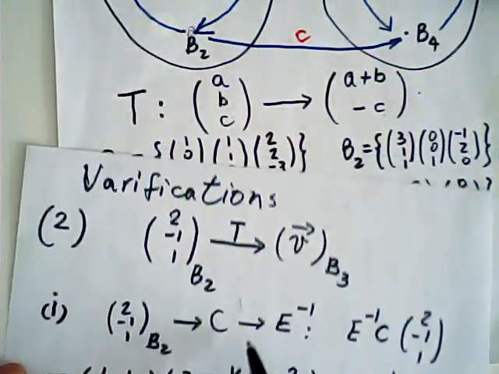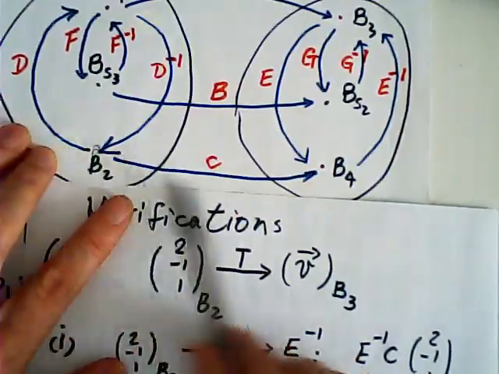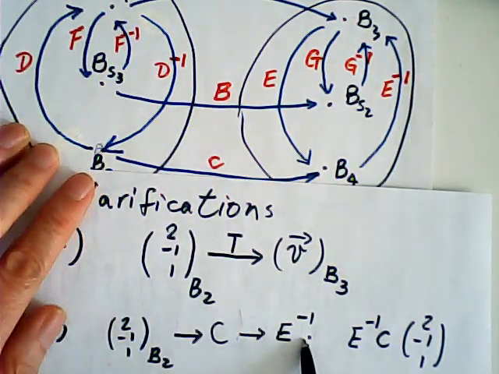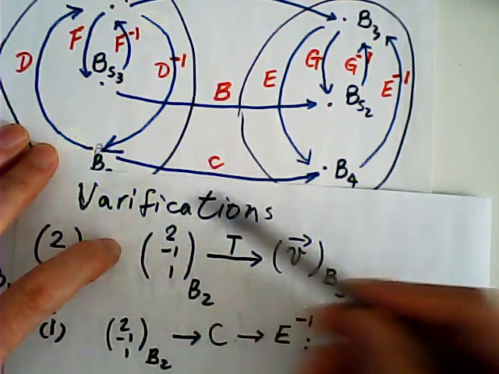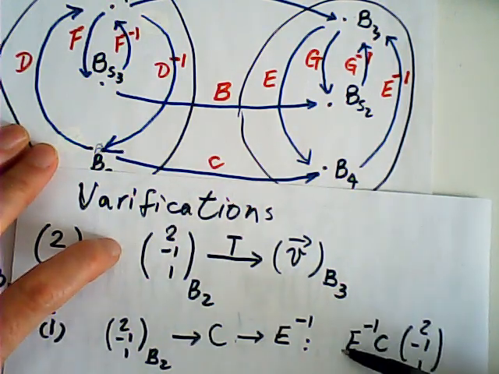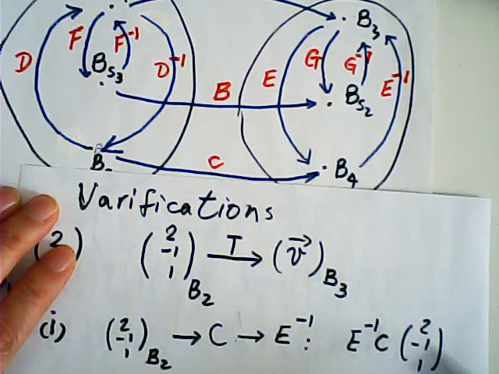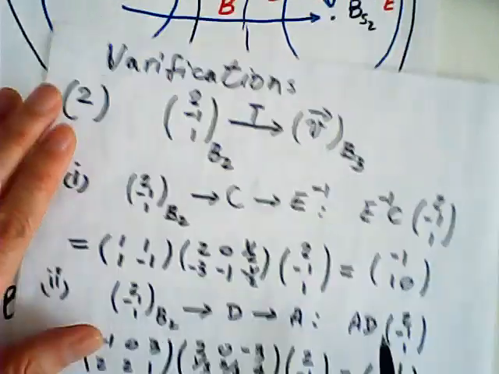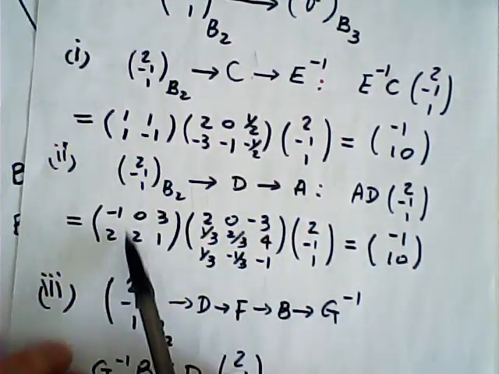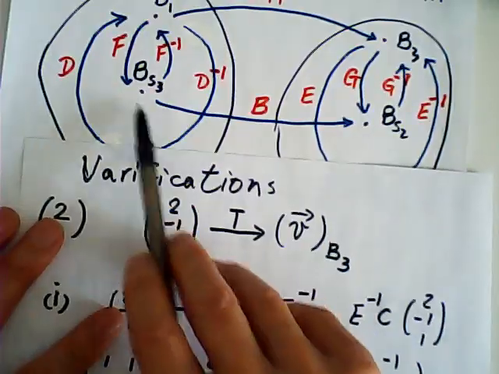Now, okay, this route is C, then E inverse. So this is the vector times C, then times E inverse. This is vector, this is C, this is E inverse. We get this result.